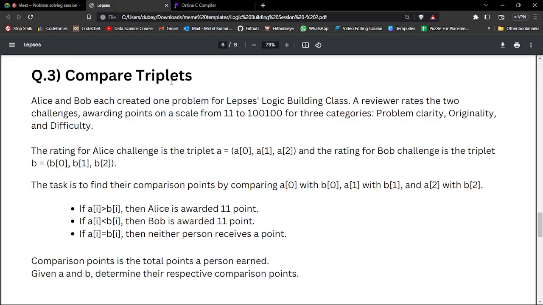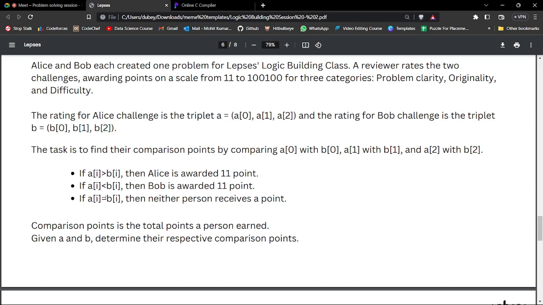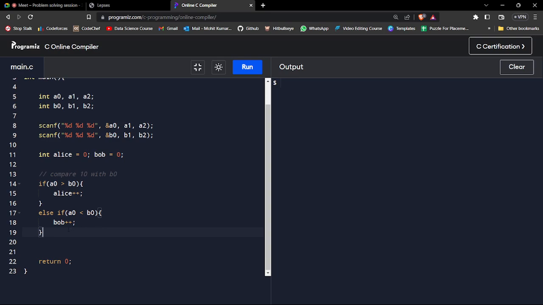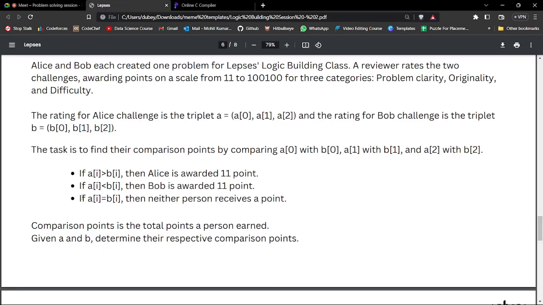The third condition says that a[i] and b[i] are equal, then neither person receives a point. If both are equal, then no one will receive a point. So I don't think I need to write any condition for this. We can skip this because no one is getting any points.